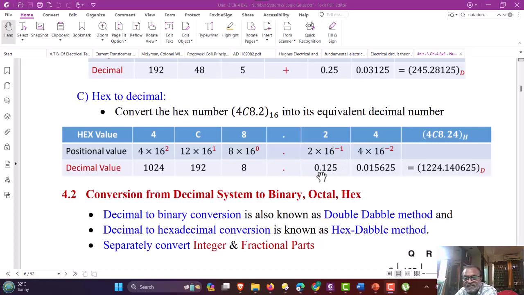So therefore this comes out to be 2 into 16 raised to minus 1, which is 0.125. The second digit is 4 into 16 raised to minus 2. So therefore the positional digit value is 0.015625. Add these, and you get the fractional portion in decimal.